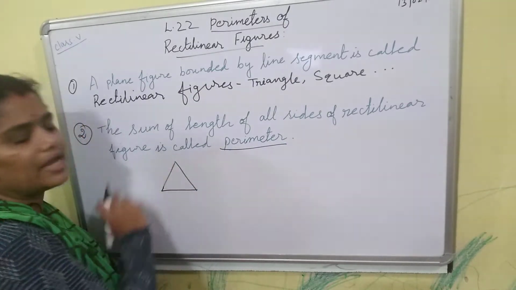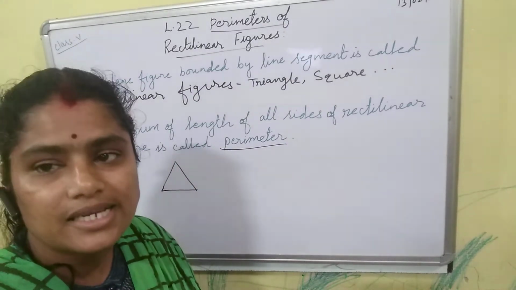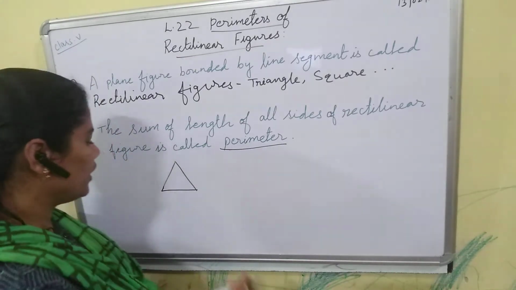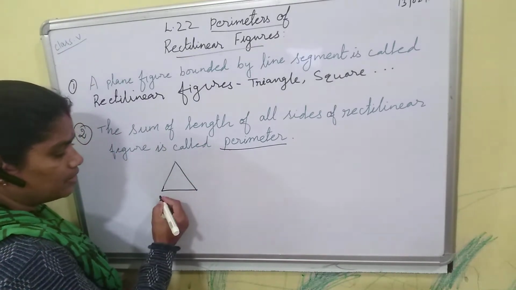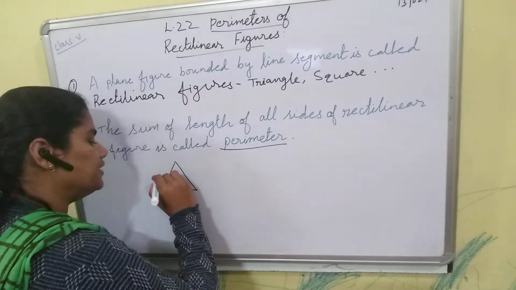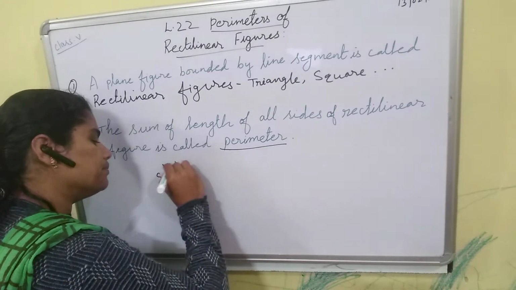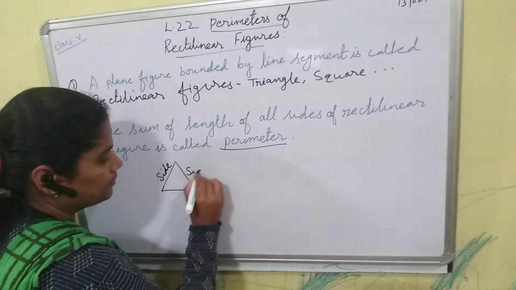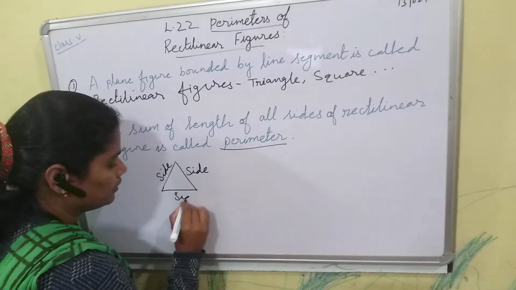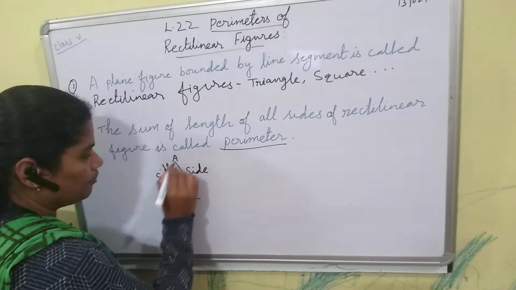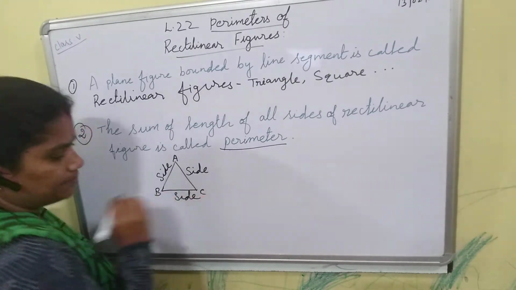Bounded by three line segments is a rectilinear figure. We call these sides, A, B, C.